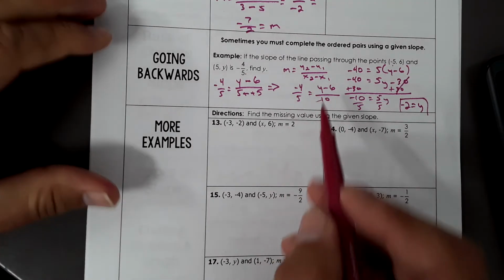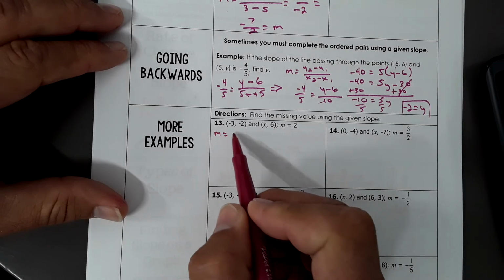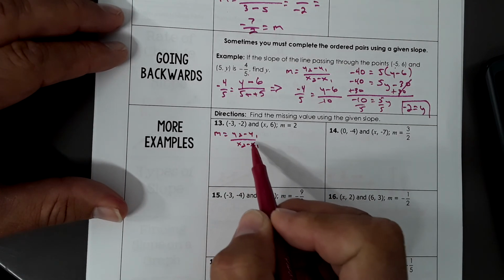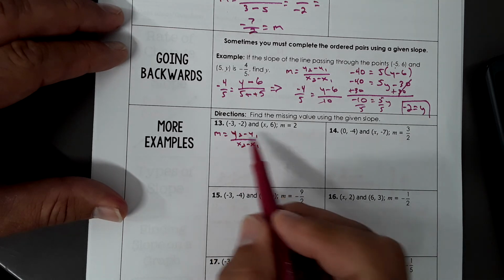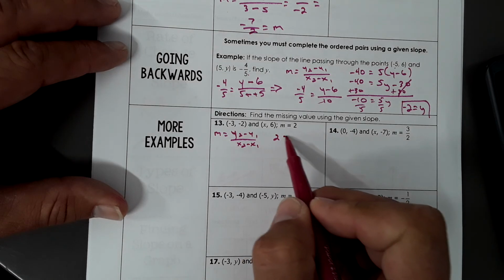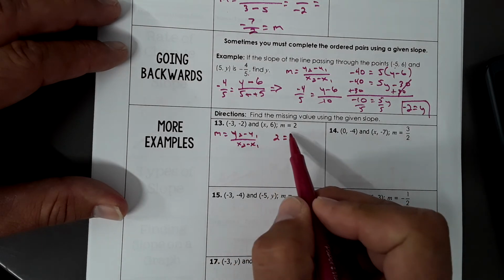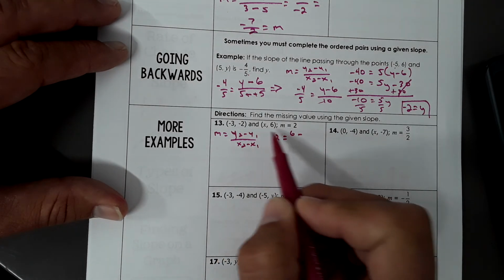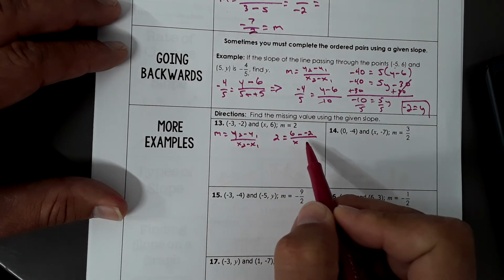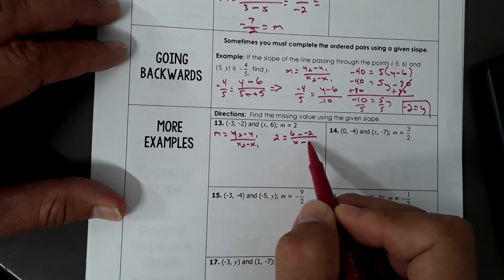Just use the formula. So m equals y2 minus y1 over x2 minus x1. Don't let those subscripts bother you, that just means the ordered pairs that are given to you. So 2 equals y2, 6 minus y1, -2, all over x minus -3.